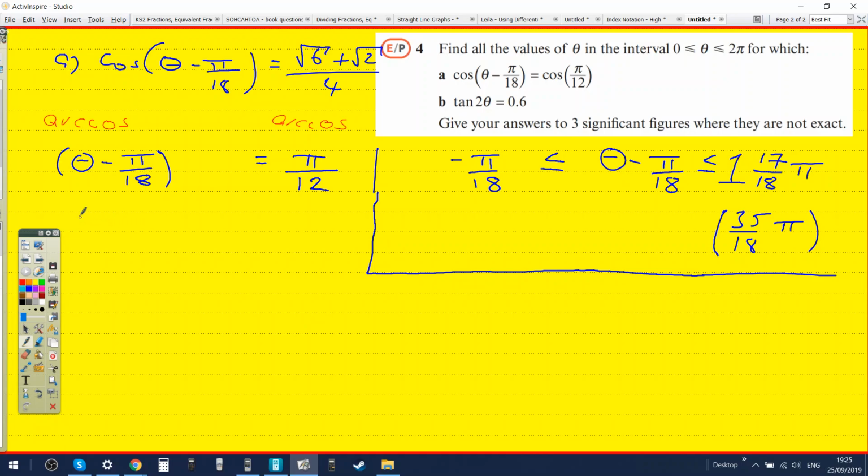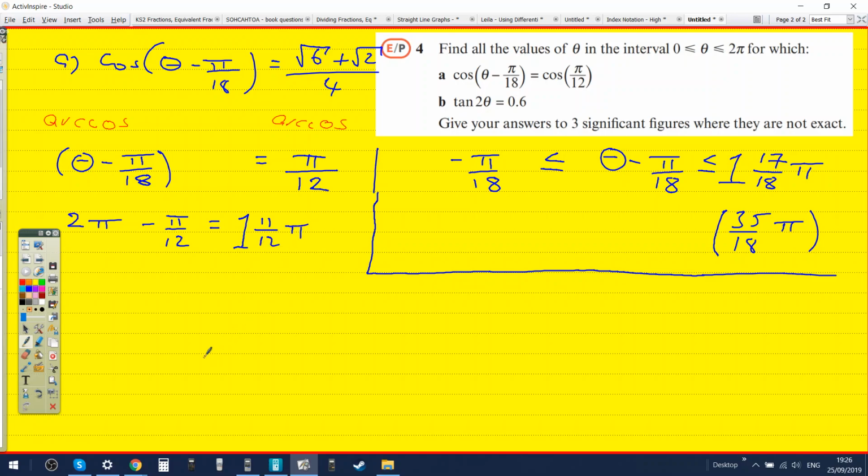So 2 pi minus pi over 12, which is 23 over 12 pi. And screw it, I'm leaving that as 1 and 11/12 pi.